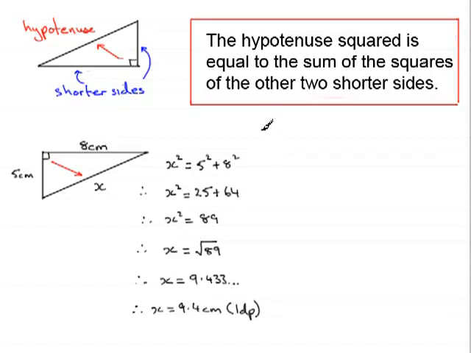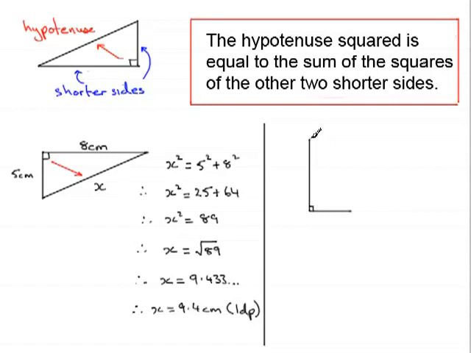Right, let's just try another example. Let's suppose we have a triangle like this. Remember, it must be a right angle triangle. So we've got a right angle in here.